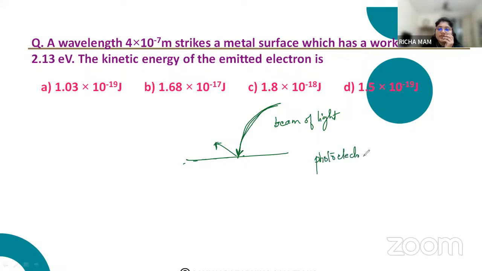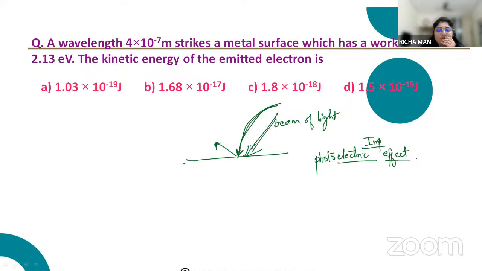You are going to study it in detail in your theory. I have just given you a small description of this very important concept, the photoelectric effect. A beam of light strikes a metal surface. Strike means the beam of light falls on the metal surface.